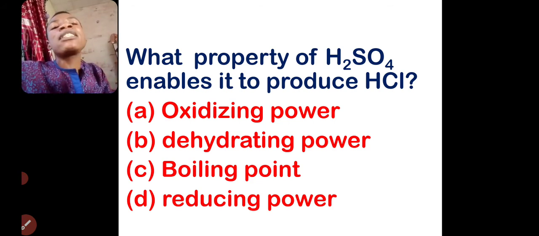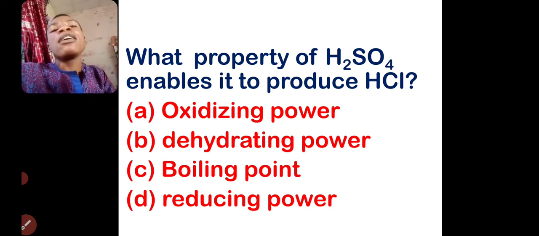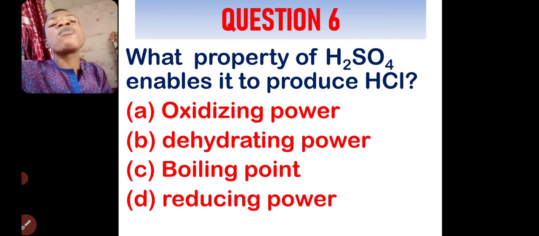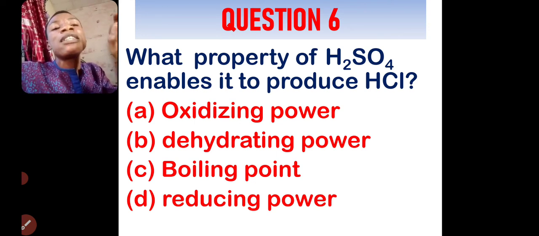What property will H2SO4 have that makes it able to produce HCl from all these options? You are using H2SO4, a very strong acid, to produce HCl, a strong acid but weaker than H2SO4. Then what property of H2SO4 enables it to produce HCl?